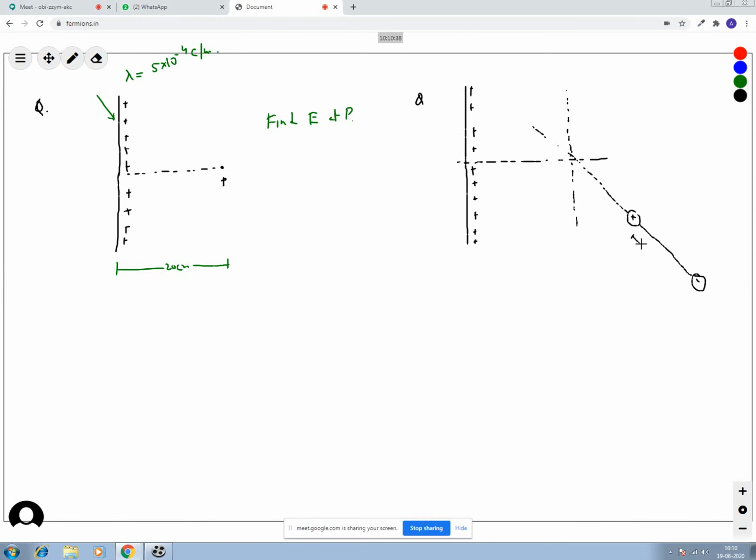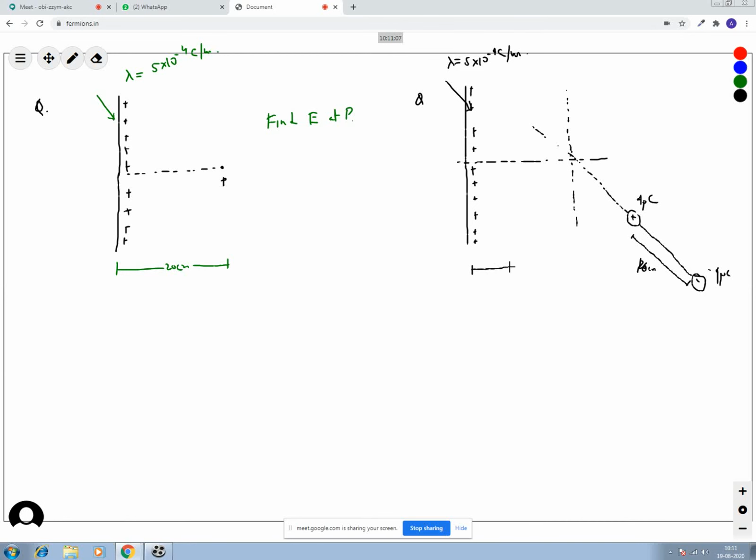This dipole length is 10 centimeter, with charges of 4 microcoulomb and minus 4 microcoulomb. And here the charge density, you can use this one only: lambda equals 5 into 10 to the power minus 4 coulomb per meter.